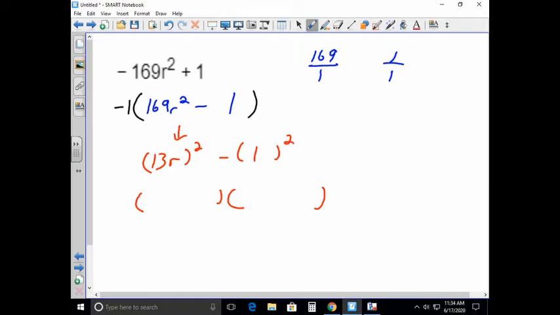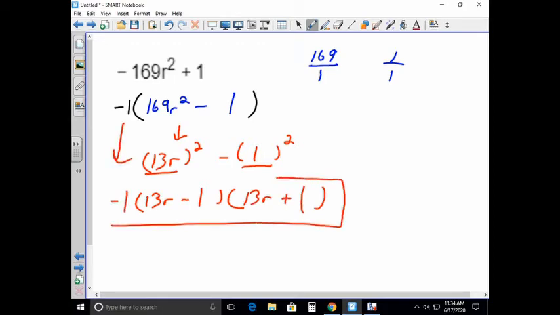So, since we have something squared minus something squared, it's the first base minus the second base, and then the first base plus the second base. And then we bring down the -1 that we factored out already. So once we recognize what's being squared and what's being squared, we just bring the bases down with a minus and then with a plus.